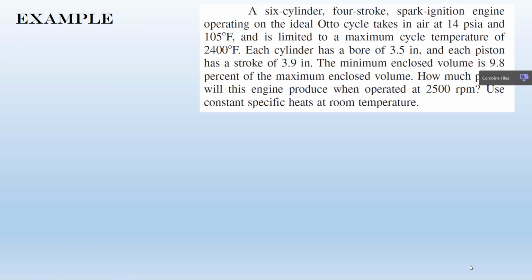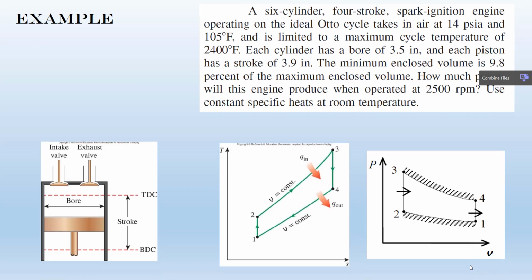So the first step, I asked you guys to plot the T-s diagram, P-v diagram, and the piston cylinder device. Look, guys, if you plot these two diagrams, you can simply add available information. So we know that this is a 6-cylinder, 4-stroke, spark ignition engine. We need to use the ideal Otto cycle.